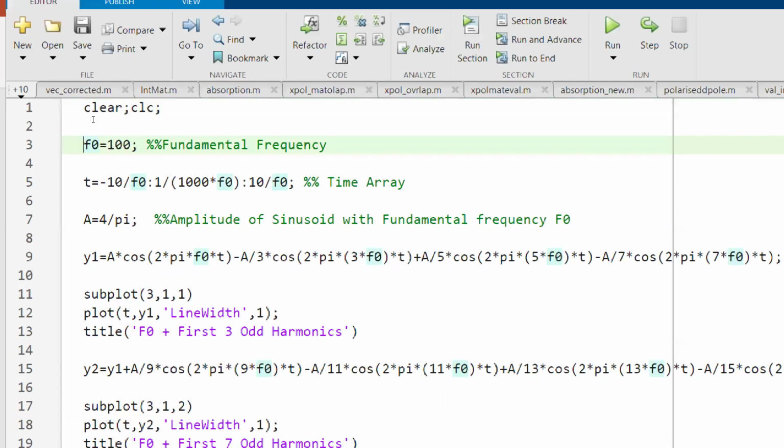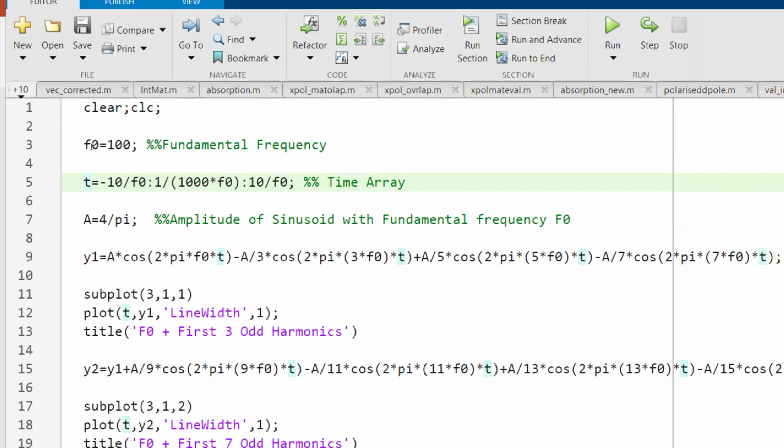Here I am making the time array. This time array starts at minus 10 divided by f naught. 1 upon f naught gives you the time period of the square wave, so if you multiply it with the factor 10, you get 10 such cycles.